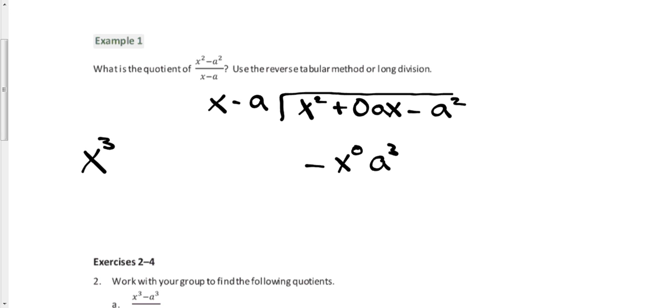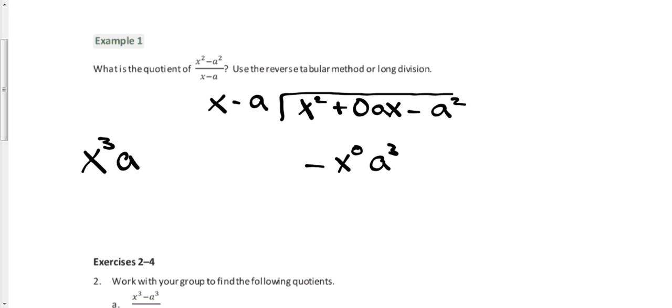So x cubed is the same as x cubed times a to the 0. You guys don't need to write this down. I'm just trying to show you a pattern here, okay? Now, this is plus 0. Actually, I don't like that. I'm going to put the a's last.